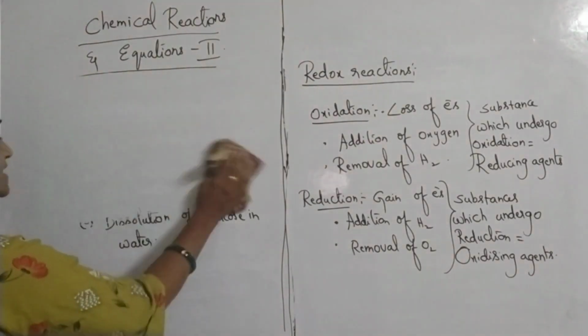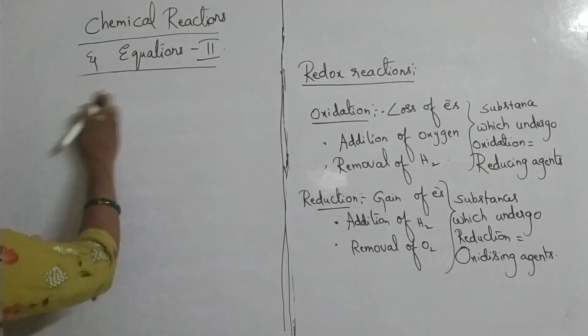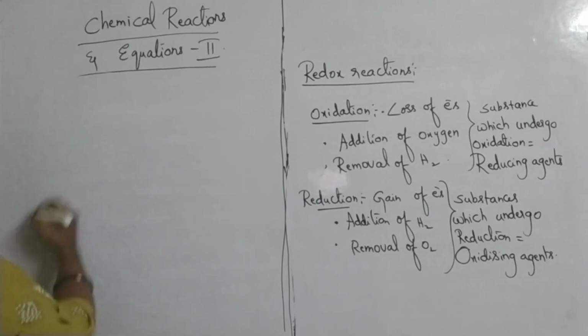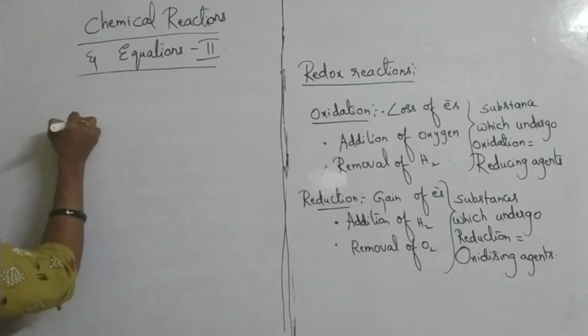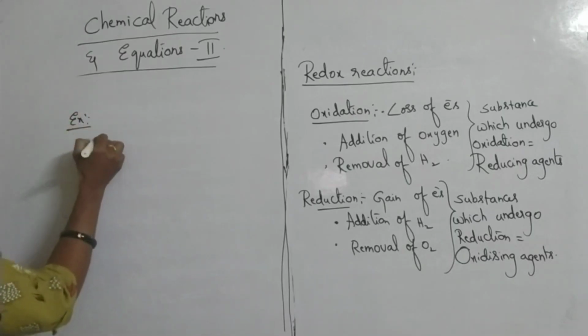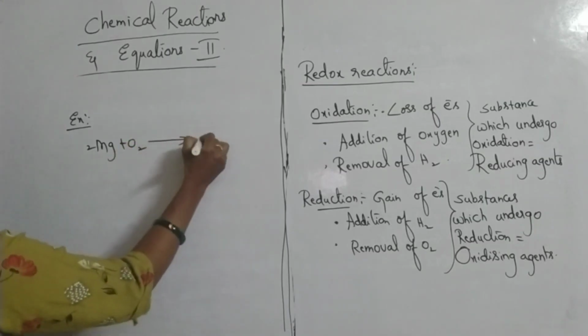We'll see certain examples for redox reactions also. Let us take an example: 2Mg plus O2 gives rise to 2MgO.